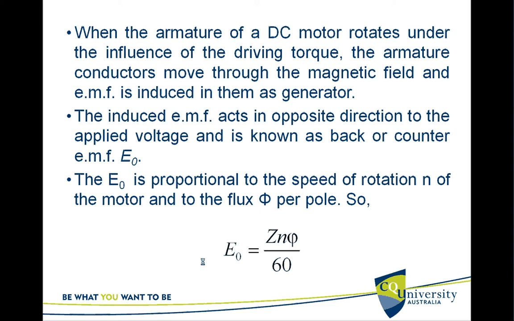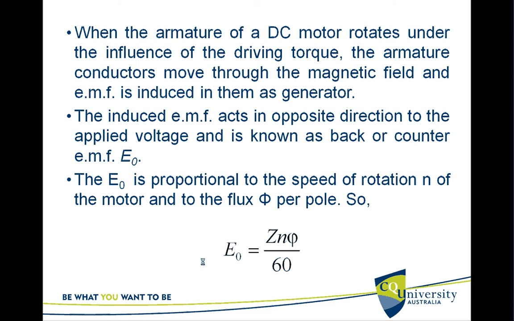So this is the same as what happens in a generator, because what we have now is a conductor moving inside the magnetic field carrying a current. No matter if it is carrying a current or not, there will be a voltage induced in the armature. The induced EMF acts in opposite direction to the applied voltage and is known as back EMF or the counter EMF.